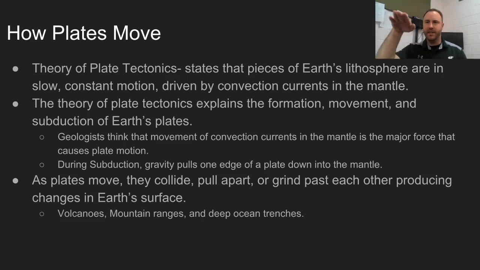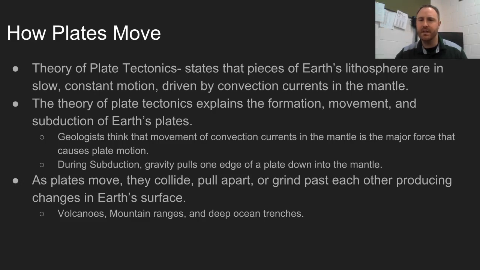Alright, so that's where we get subduction, where the continent or the seafloor eventually gets subducted, or the oceanic crust gets subducted down into the mantle and heated back up. As the plates collide, move, pull apart, or grind past each other, they produce changes in Earth's surface.